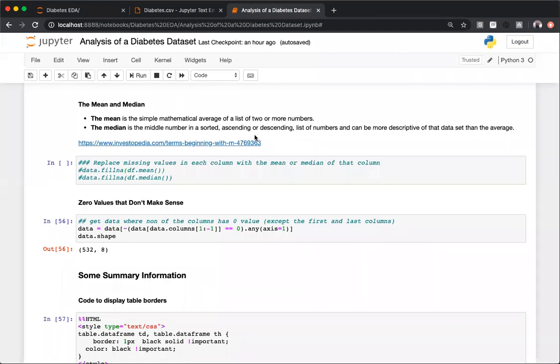Somebody says, what is the best way for dealing with missing values such as BMI? Yeah, so the best way depends on the area. Let me give you this example. If you have a column that's 95% available and only 5% of the data is missing, so a really small fraction, then instead of dropping it, you might want to replace the missing values with the mean or the median of that column.